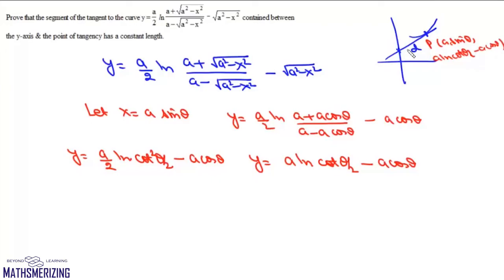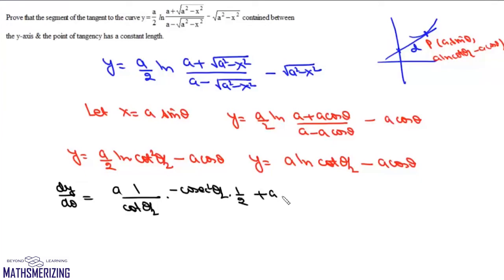Now we need to find the equation of this tangent. First we'll find the slope of the tangent. If we find dy by d theta, it will be a times 1 by cot theta by 2 times minus cosec square theta by 2 times 1 by 2, plus a sin theta.